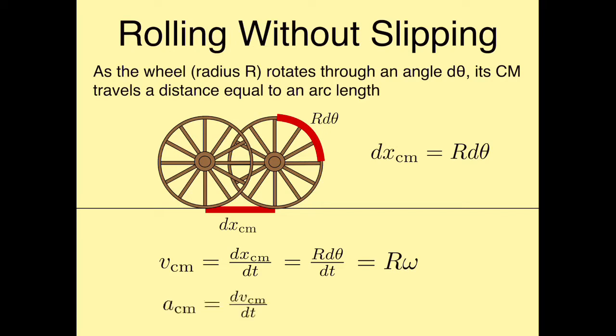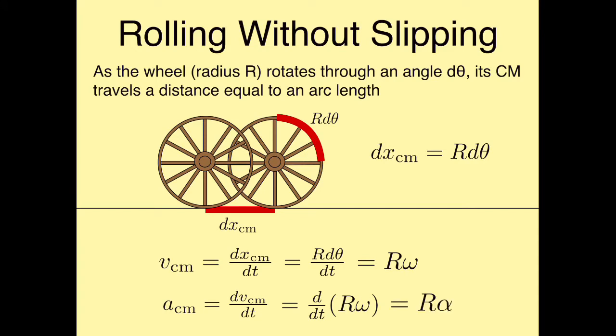And in the same way, we could talk about the acceleration of the center of mass. So maybe as the wheel moves from here to here, it's accelerating in some way. Well, that would be the derivative of vcm with respect to time, right? That would be the derivative of velocity with respect to time. So we'd be taking the derivative then of the previous result, which would be r times omega. But of course, r is a constant.